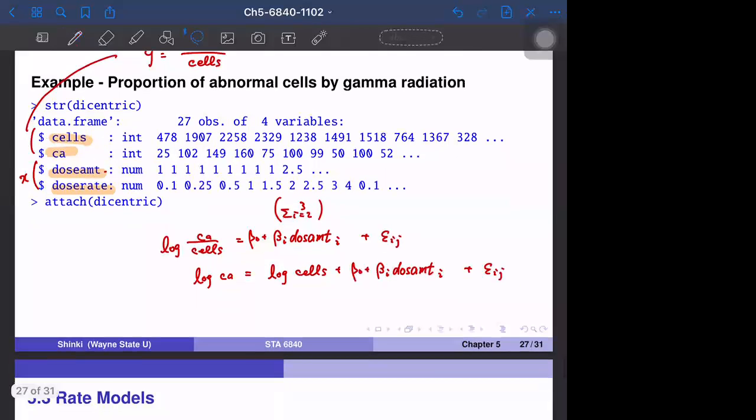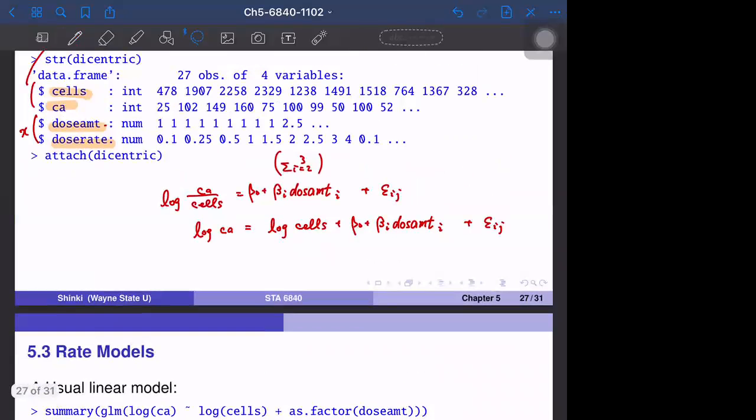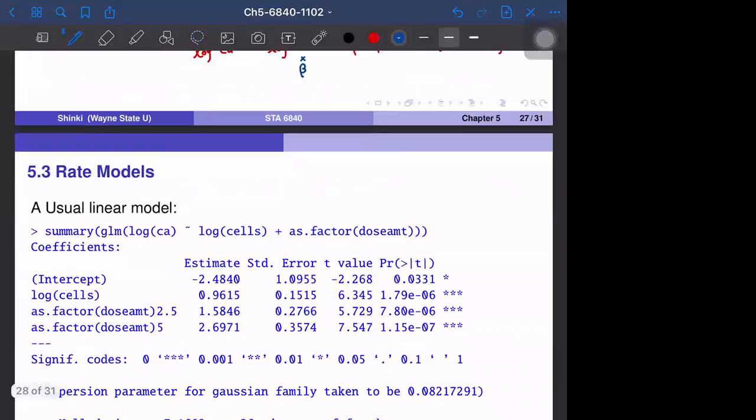So we want to fit this model, and compare it with another model which also has a parameter for the log of cells. The first one is the usual linear regression: log of Ca on log of cells plus dose amount as a factor.